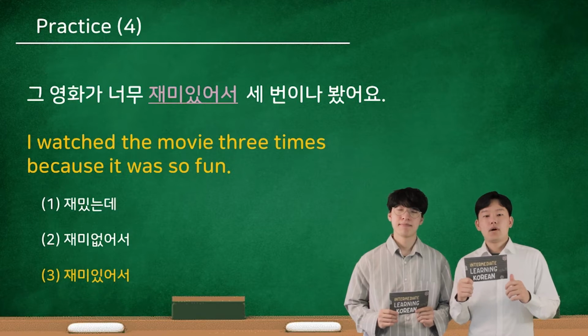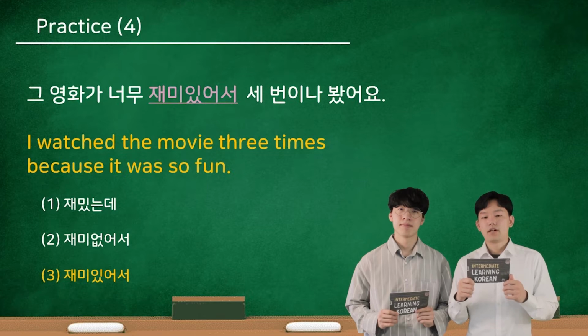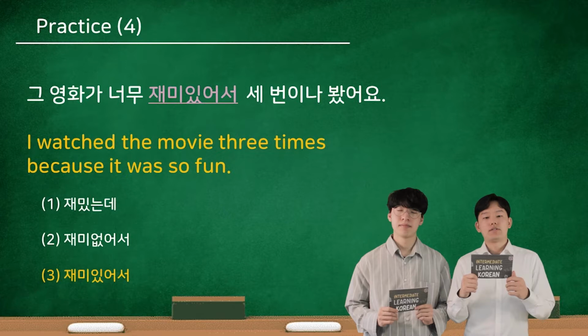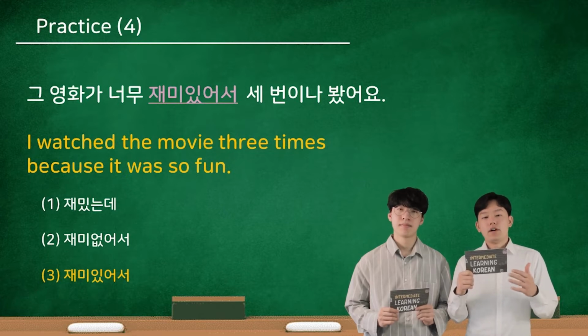Because the root of the verb 이다 ends with a vowel instead of a or o, we use 어서 to become 이어서. So it became 내일이 친구 생일이어서 생일 파티를 할 거예요.